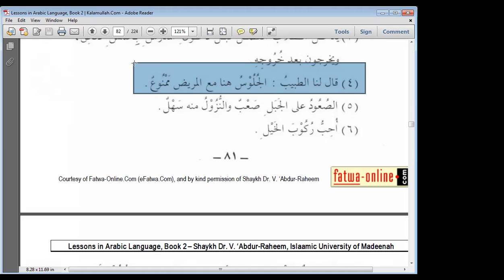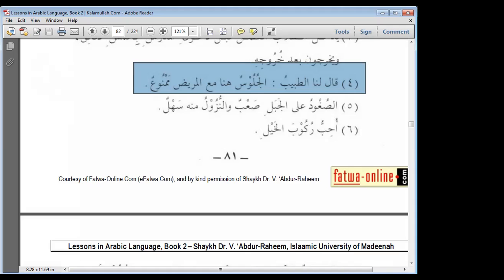So the doctor said to us that sitting here with the patient is forbidden. Ma'a al-maridi, with the patient or the sick person. Mamnu'un means forbidden, prohibited. So where is the masdar here? Julus. Al-julus, sitting.